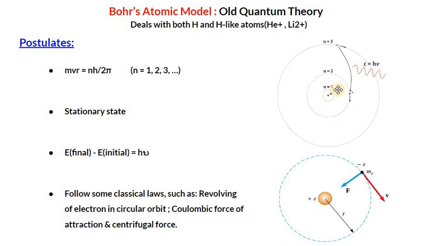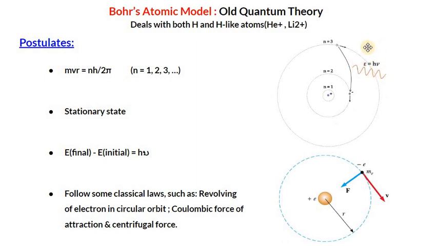So the energy of the n equals 1 orbit is lower than that of n equals 2, and n equals 3 has higher energy than 2 or 1. When an electron jumps from the n equals 3 orbit to the n equals 2 orbit, it releases energy, and that energy will be equal to h nu. So the energy difference should be h nu.